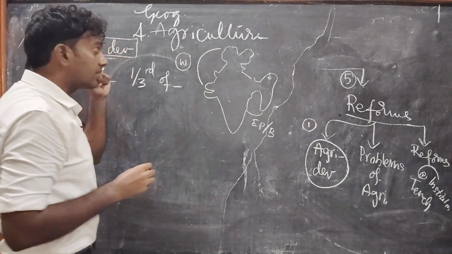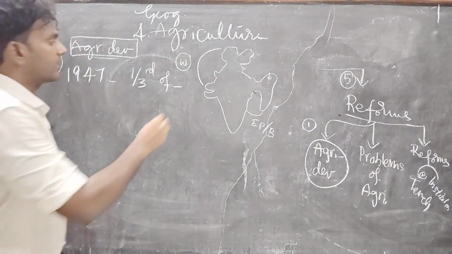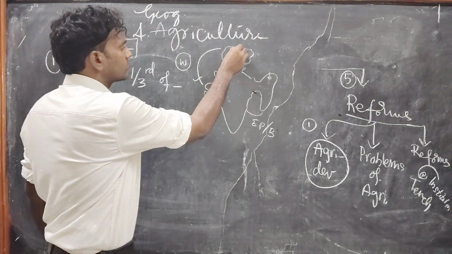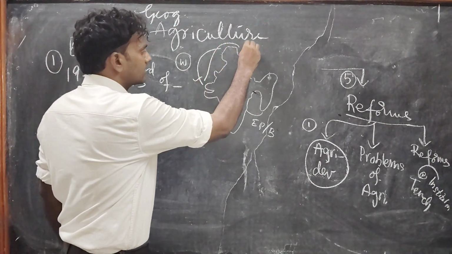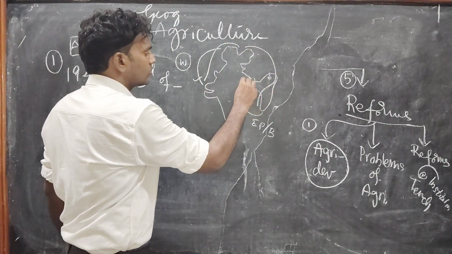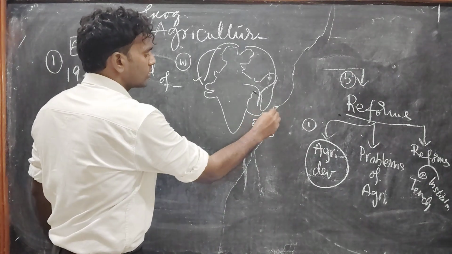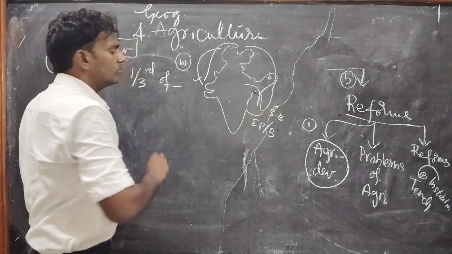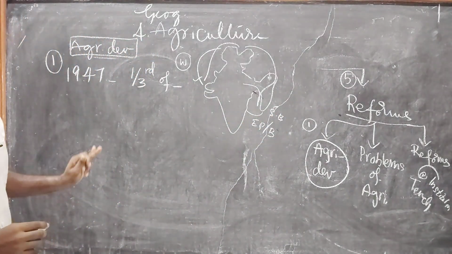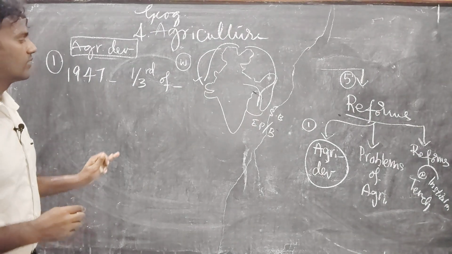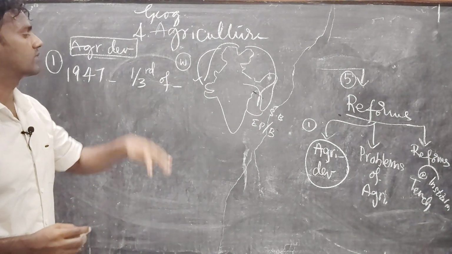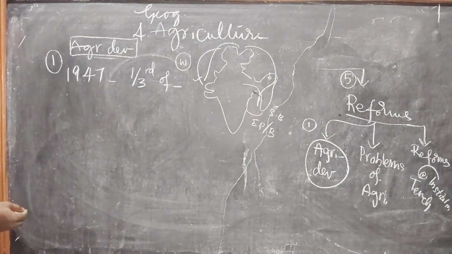See here, these areas have fertile soils, deltas, and also the Indus River, and also the Brahmaputra River, and also the Sundarban Delta. Irrigated land as well as fertile land went to Pakistan. So what happened at that time?